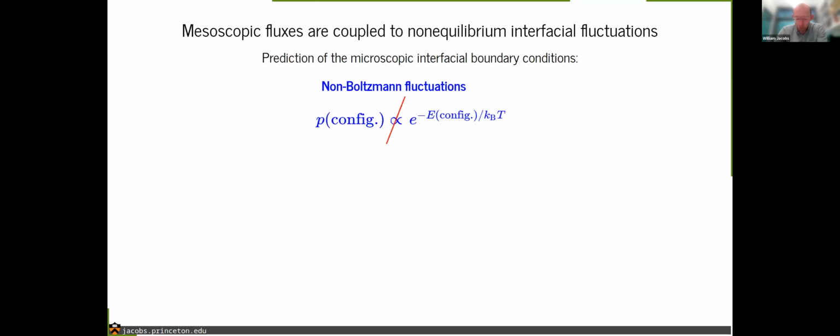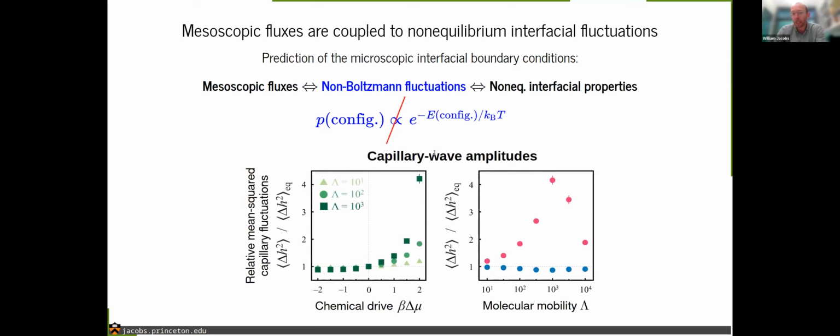And really the overall message that we learn from these microscopic studies is that non-Boltzmann fluctuations at the interface are essential for being able to observe mesoscopic fluxes in the bulk phases, and also lead to these non-equilibrium interfacial properties, including these capillary wave amplitudes that differ from equilibrium.